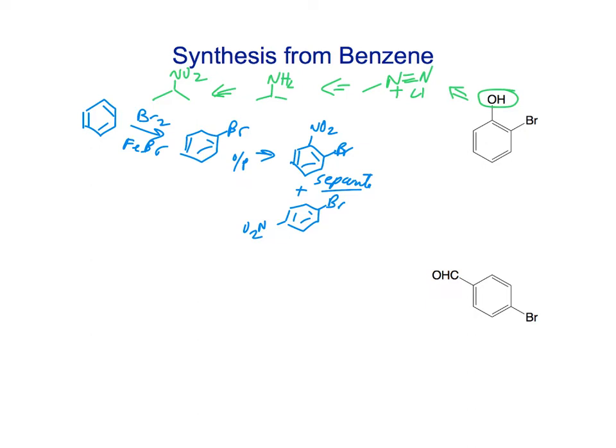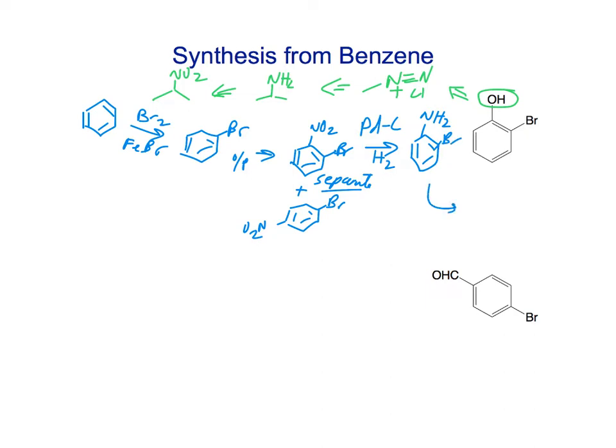Okay, so we'd end up having to throw away some of our product, but sometimes we just got to do that. So then we want to go from the nitro group to the aniline, so we have to reduce that. We can just use palladium on carbon and H2 if we want. And then we get NH2 and bromine.